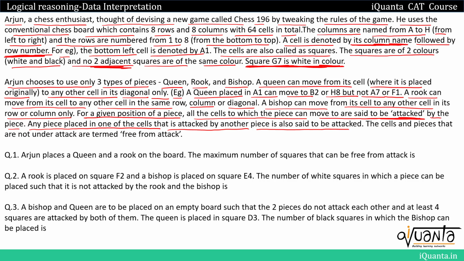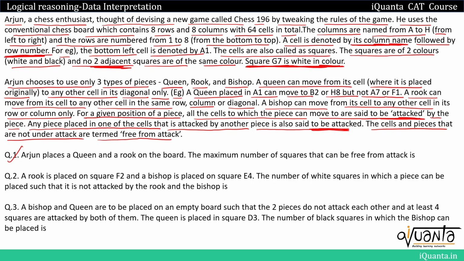So if one piece is being attacked by another piece, then it is said to be attacked. The cells and pieces that are not under attack are termed as free from attack. So those cells and pieces where no piece can reach will be called free from attack.